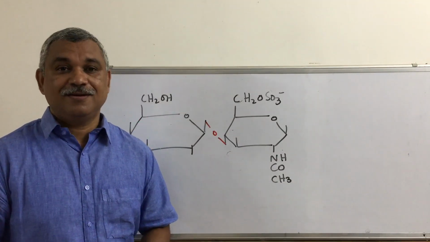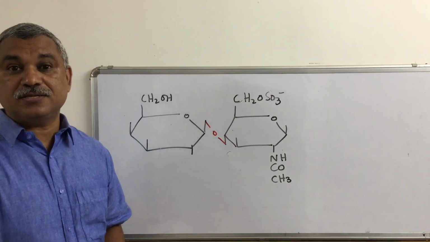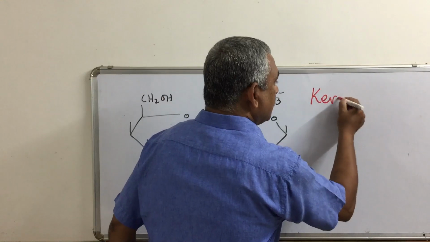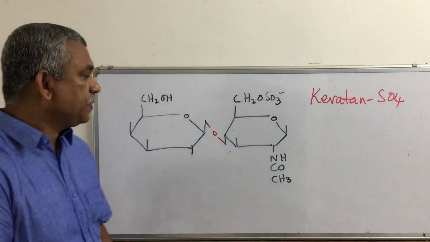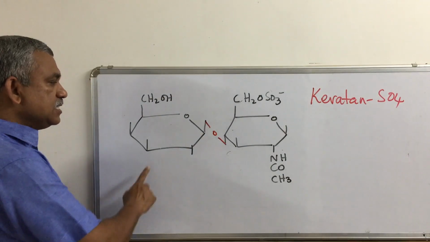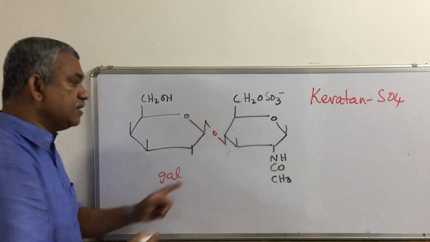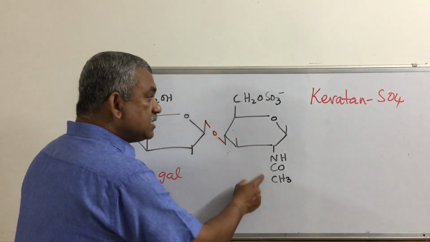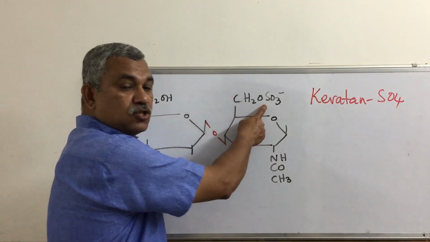The final glycosaminoglycan which we are going to discuss as part of this video is keratin sulphate. As you know, in the basic units of keratin sulphate, this is a galactose. This is a galactose in the beta conformation, and that is linked to N-acetyl glucosamine, which is sulfated at the 6th position.